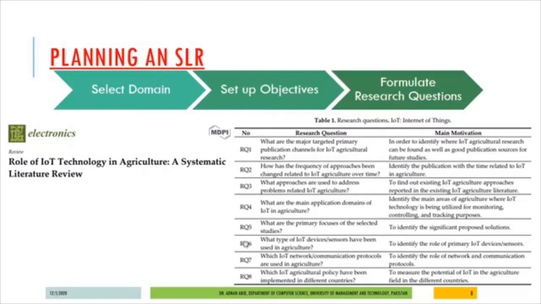Agriculture is again one of those areas which are being influenced by the developments in IoT. So that's the idea for this research question. What approaches are used to address problems related to IoT agriculture? So we are trying to find out the approaches that people have used to solve different problems of agriculture. Essentially, when I see this article, there are several different subdomains of agriculture as well.